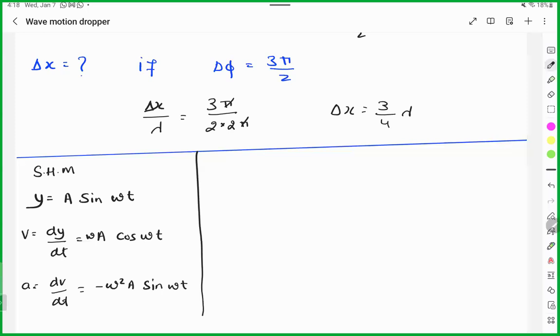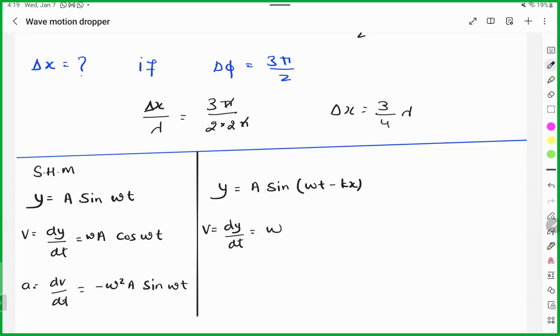In this chapter, there are two versions. If you take the equation y is equal to A sine omega t minus kx, and if you calculate velocity exactly in the same way, dy by dt, omega is constant with respect to time, we get A omega cos omega t minus kx.